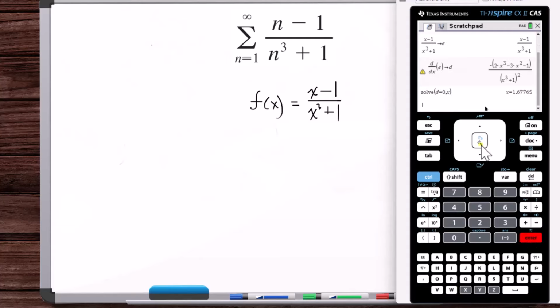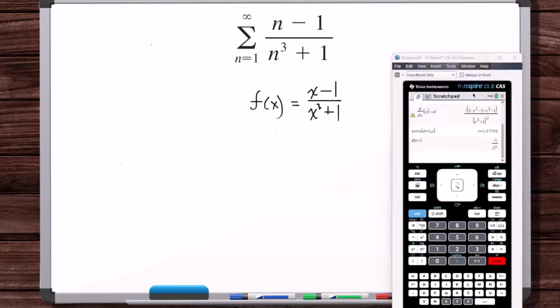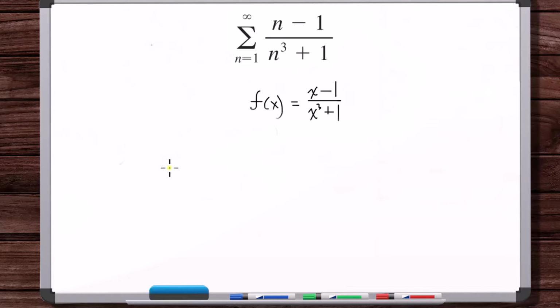Let's plug in x equal to 2 into the derivative, and hopefully it's negative. It is negative, so this is decreasing. Now, it's continuous, positive, and decreasing, so it's eligible for the integral test.